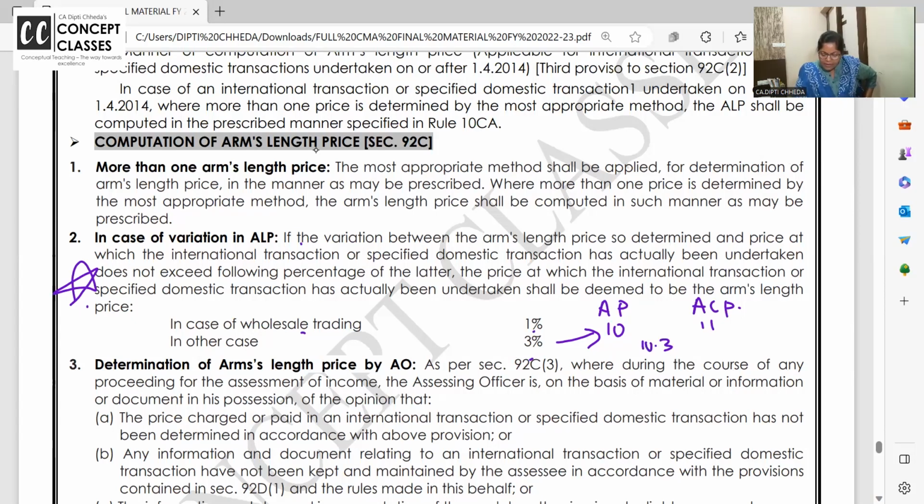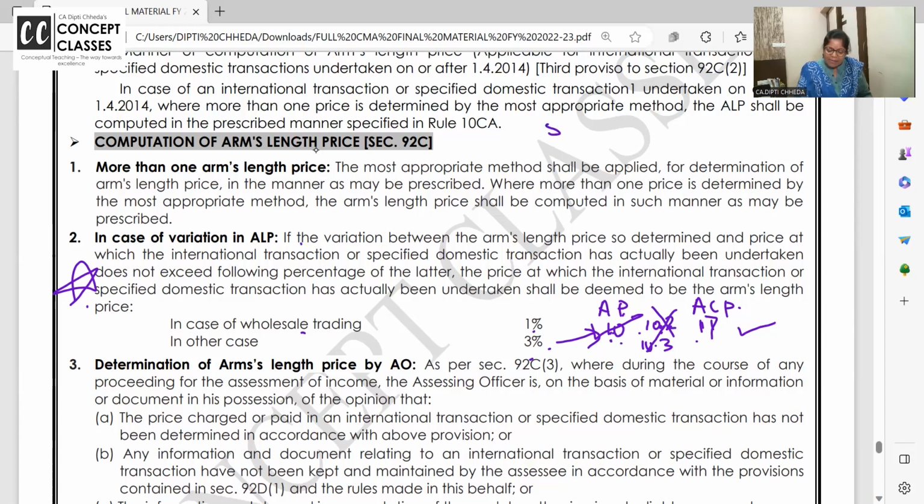Are you getting? Actual price is 10 and if arm's length price is 10.2, ma'am, you said whichever is more, we have to take arm's length price. But if the difference is not up to 3%, ignore and take the actual price only. But if arm's length price is 10 and actual price is say 17, then you will take that. So if there is a difference within 3% between the actual price and the arm's length price, ignore the arm's length price and take the actual price.